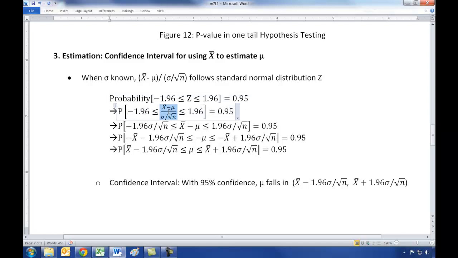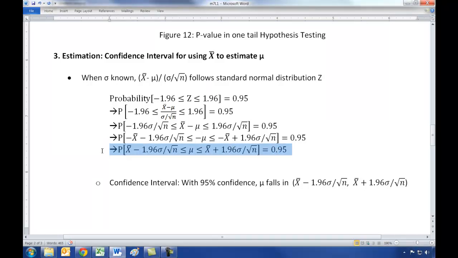And therefore, this is also true, meaning this ratio falls between these two values with 95% chance. We move from here to here by multiplying both sides with the denominator. From here to here, we move the x bar to the other side of the inequality. From here to here, we just simply rearrange the terms.